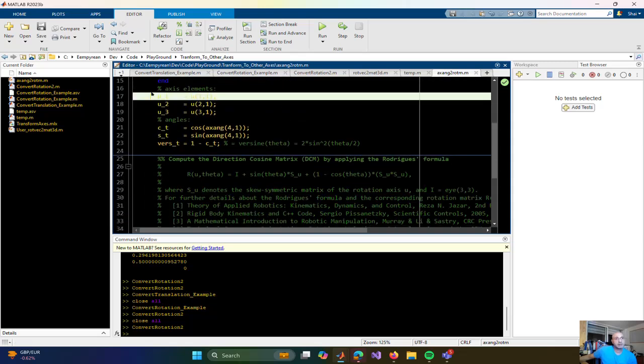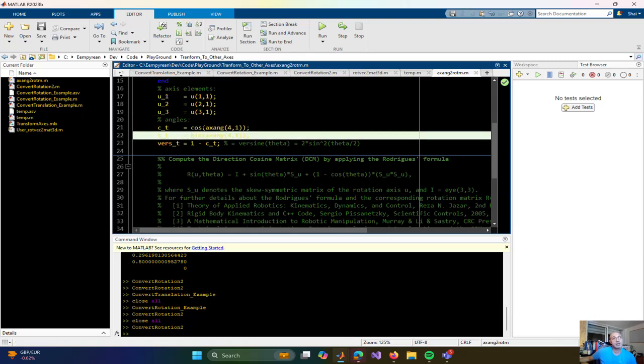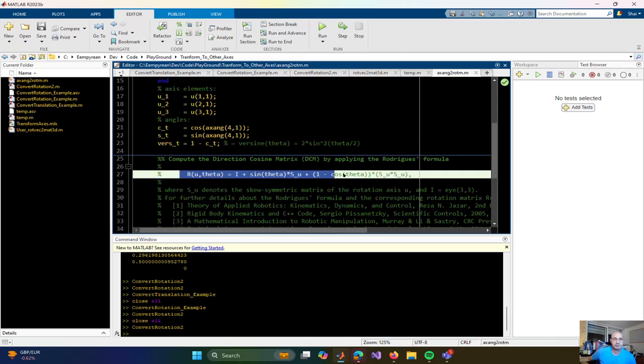So now we have u1, u2, u3, which are the x, y, z values of the axis that we have in hand. We have ct, which is the cosine of the angle, st, the sine of the angle, and vers t, which is 1 minus the cosine of the angle. Now this comes exactly from the Rodrigues formula.